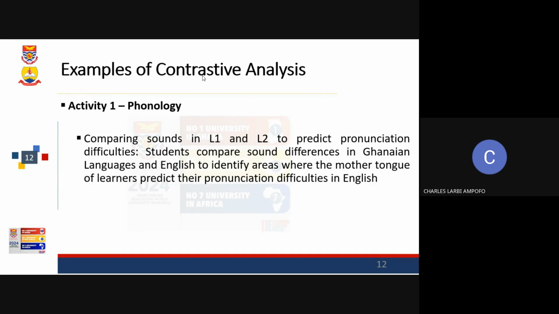The schwa vowel does not exist in our local language. So some people find it difficult pronouncing that vowel in English because we don't have it in our language, and they will pronounce it differently, because that sound does not exist in our local languages.